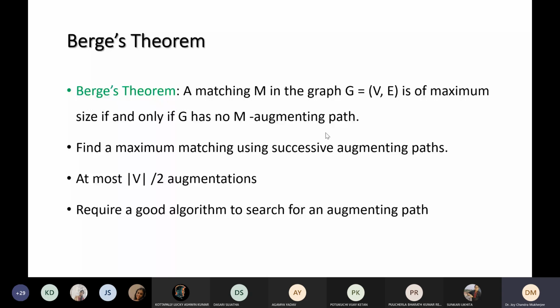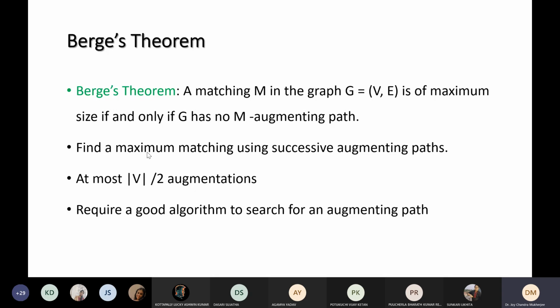Now, if mod V is the number of vertices in the graph, the maximum size of the matching could be mod V by 2. That we know. So what is our strategy? For a given graph, we find augmenting paths.